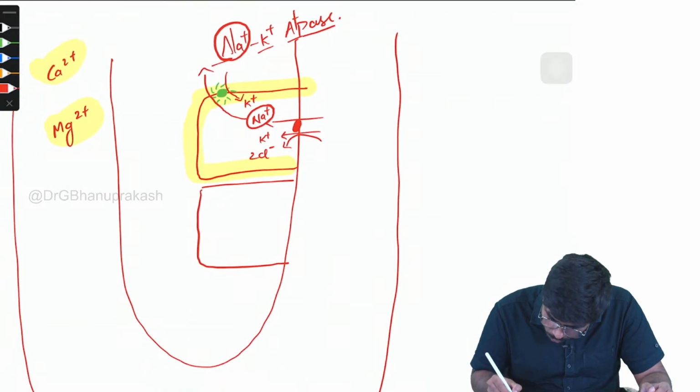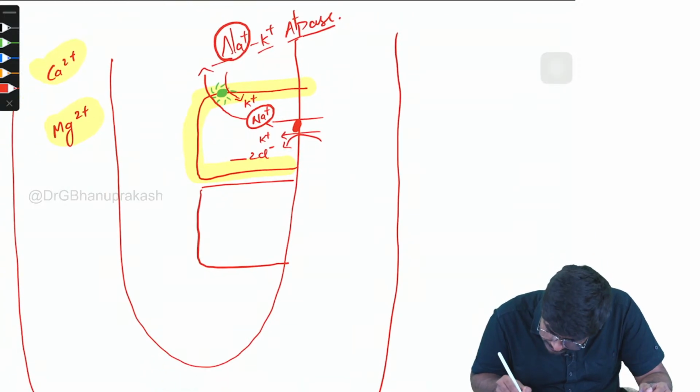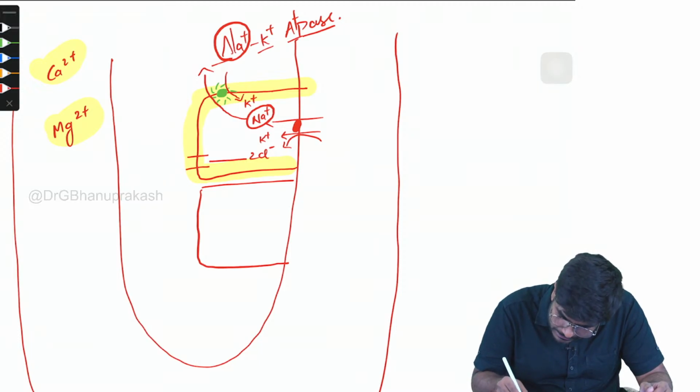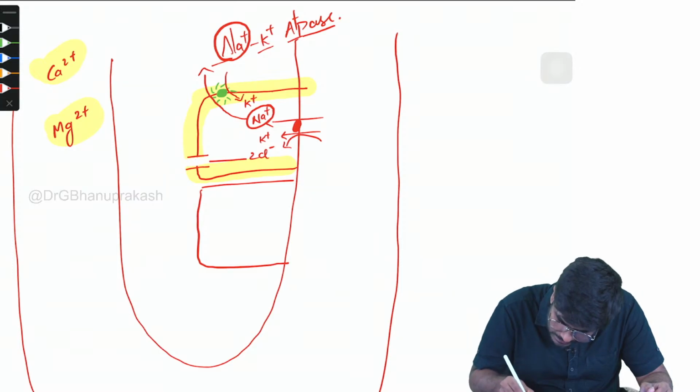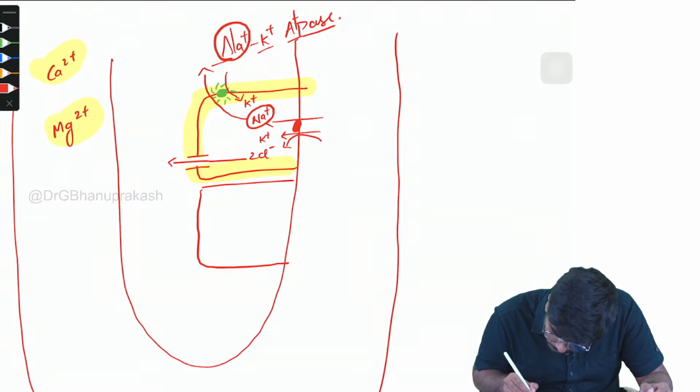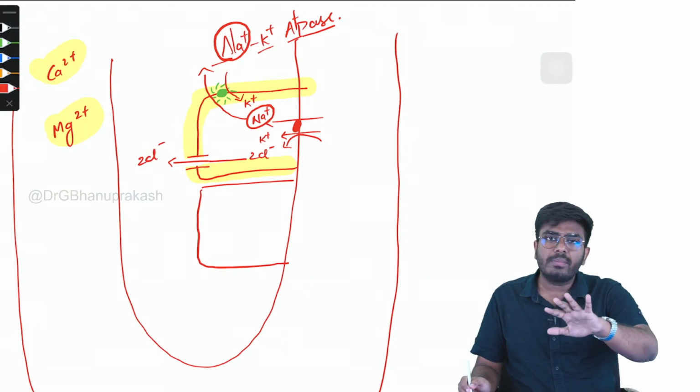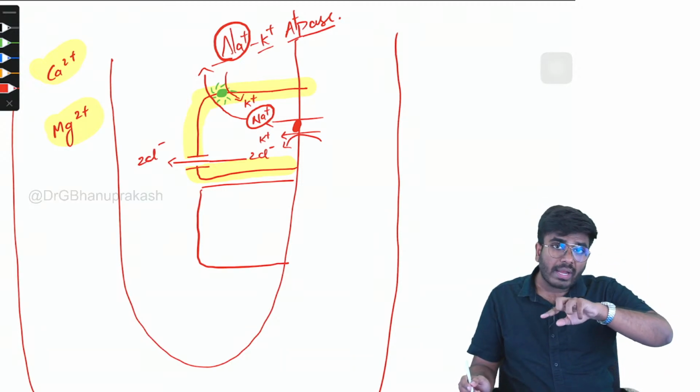And whatever chloride has entered into the cell, even this chloride is going to go out with the help of certain channels. Okay, now let me show you here. There are channels through which this chloride will also come into the interstitium. So sodium is coming out of the cell, even the chloride is coming out of the cell.